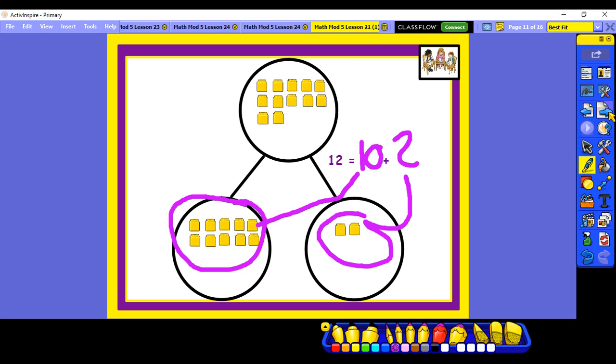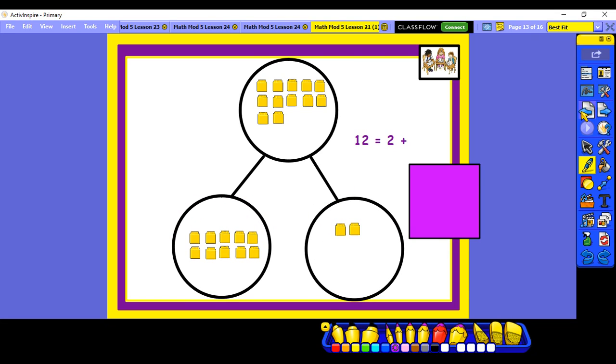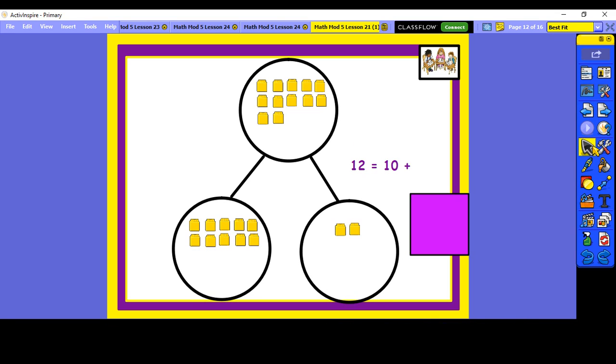Great job. Now let's play a game. I'm going to hide one of the parts from you. You're going to have to figure out what part is hiding. Then we'll fill out our number sentences to find the missing part. Ready? Close your eyes. No peeking. Ready?